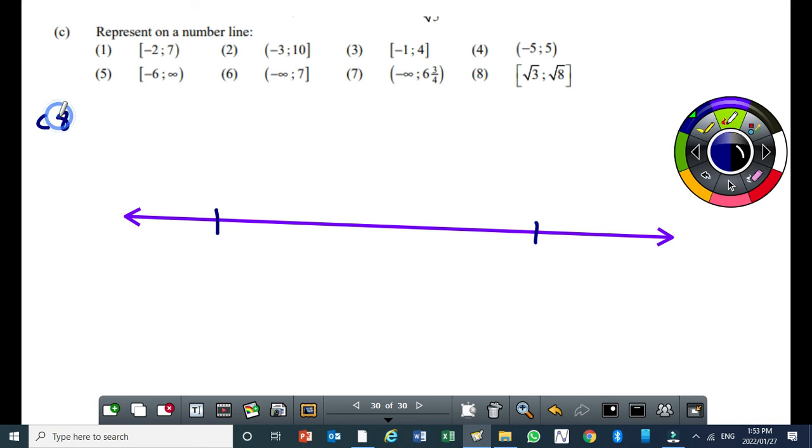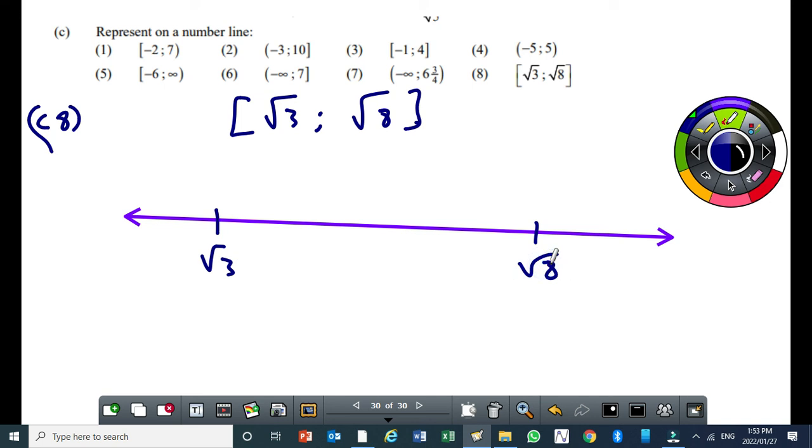So we have got C8. Right? So we have square root of 3 and square root of 8. So x lies between square root of 3 and square root of 8. So I have to put square root of 3 here, square root of 8 there. Since we have square brackets, it means both the lower limit and the upper limit are included.